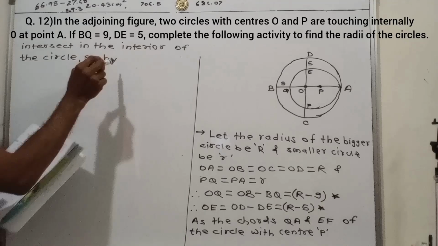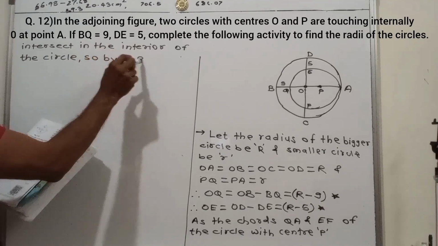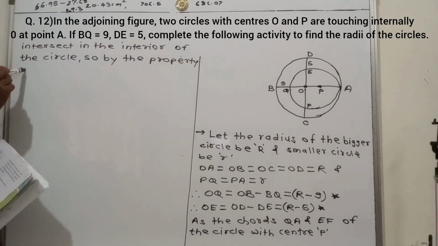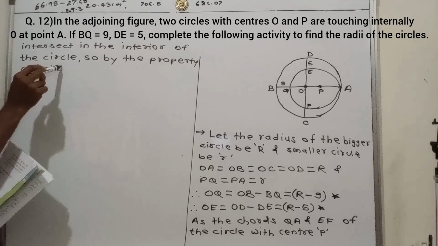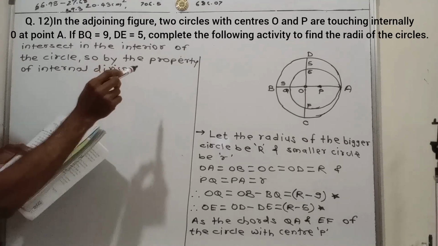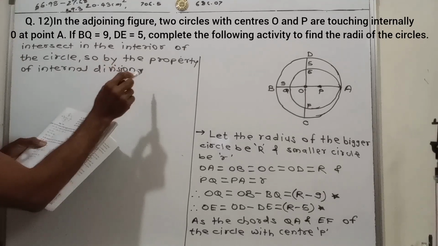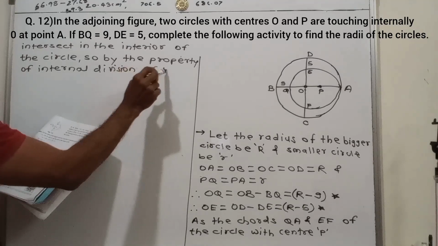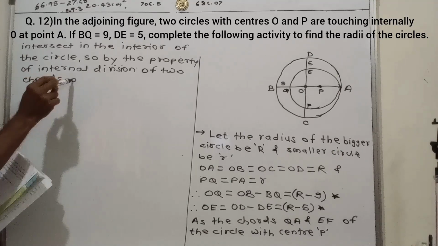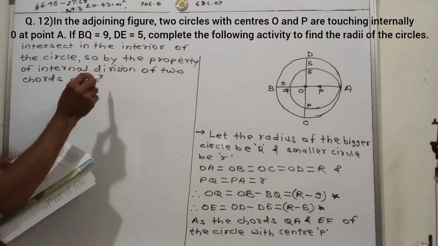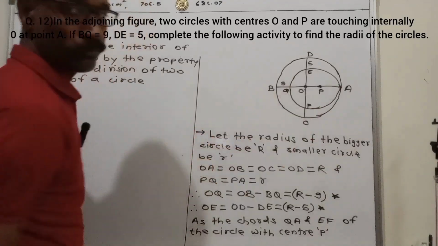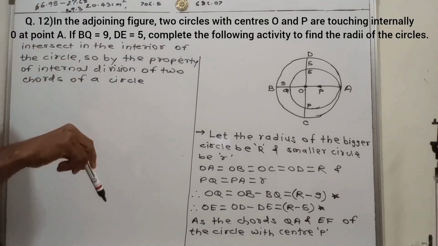So by the property of internal division of two chords of a circle. Now see this. QA and EF intersect each other internally.